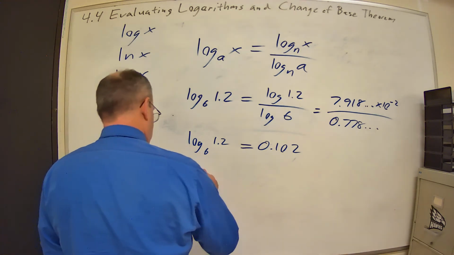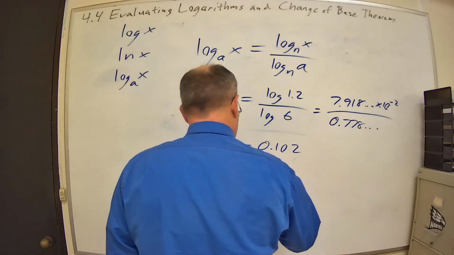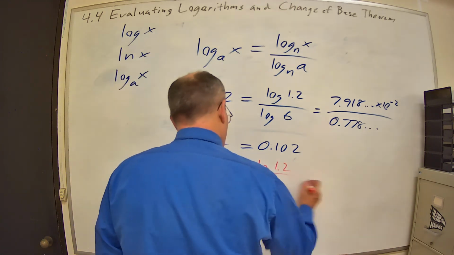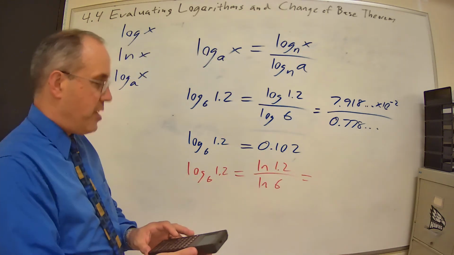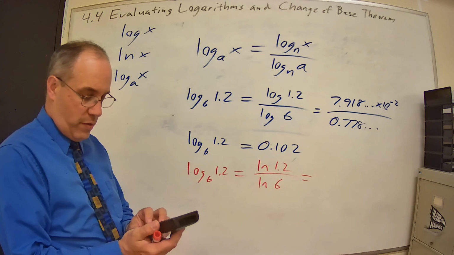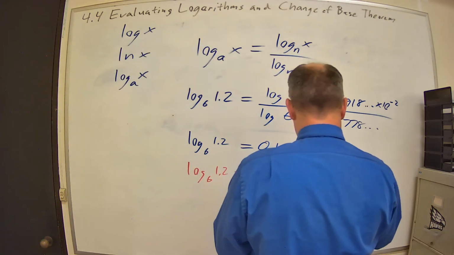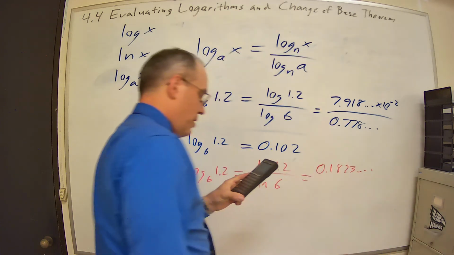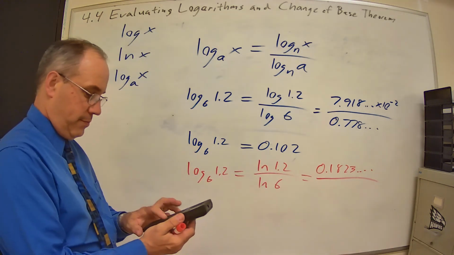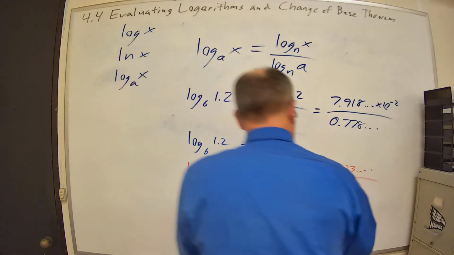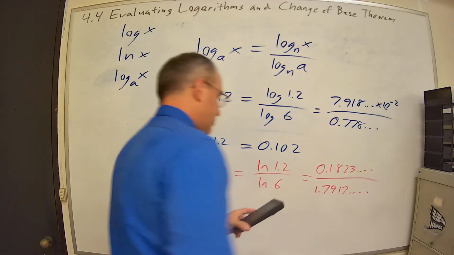So I'm going to go log base 6 of 1.2 is equal to natural log of 1.2 over natural log of 6. So the natural log of 1.2 is about 0.1823 dot dot dot, and the natural log of 6 is about 1.7917 dot dot dot.